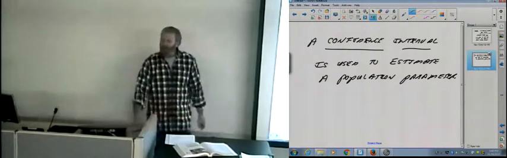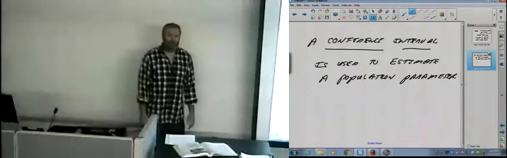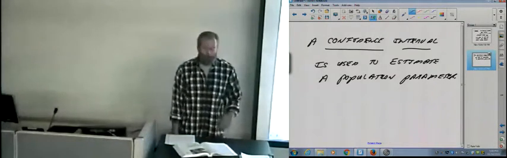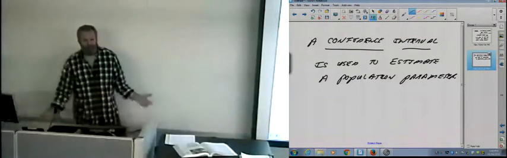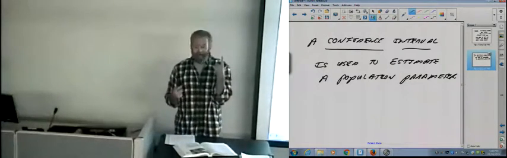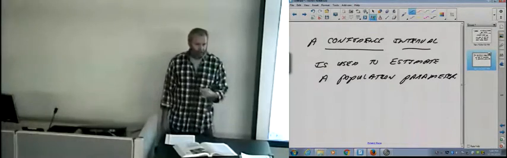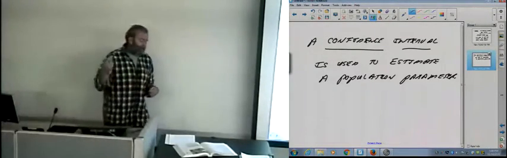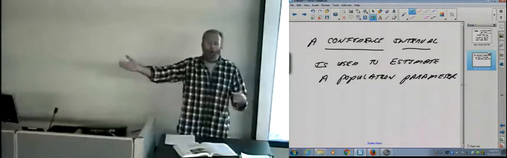That's what we're going to learn about in chapter 16. Well, that's one of our inference methods. The other one is something called tests of significance. That is chapter 17. We will talk about tests of significance hopefully on Thursday when we get to chapter 17. Those are the two inference methods we have. A confidence interval, again, is used to estimate a population parameter based off of what you learned from your sample. And chapter 17 is a test of significance, and I will give you its goal when we get there. I don't want to give it to you now.